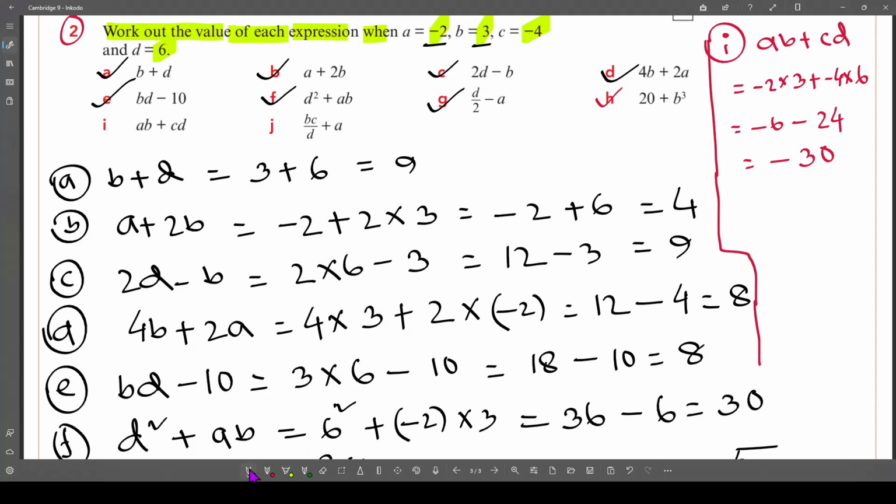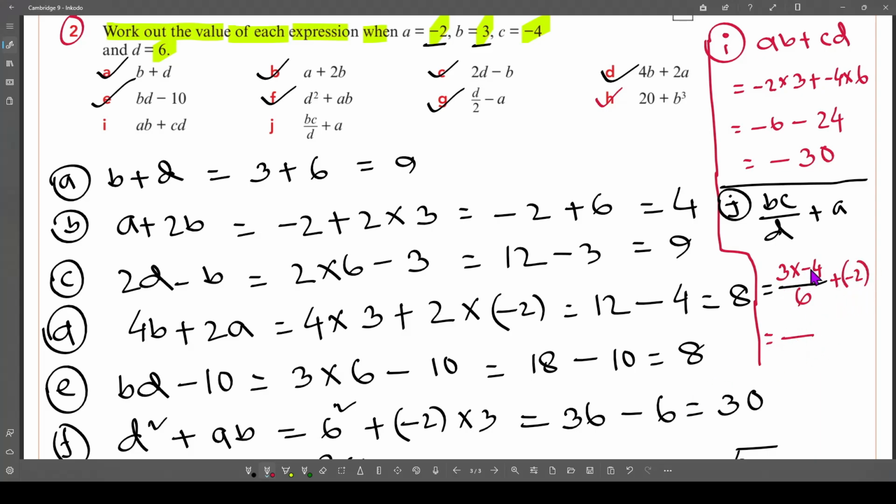We can also solve this one in here. Number J, bc divided by d plus a. So b means 3 times c means minus 4, then divided by d means 6, plus a means minus 2.